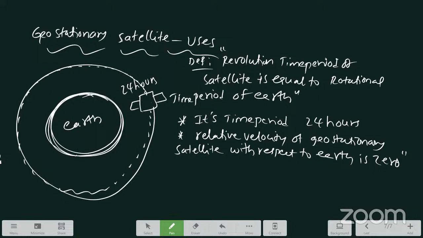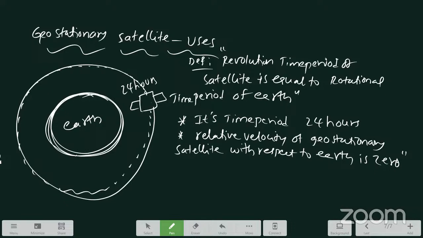That type of satellite we call a geostationary satellite. According to our physics definition, the revolution time period of the satellite equals the rotational time period of Earth. Time period is nothing but 1 day. What is the time period of Earth? 24 hours.